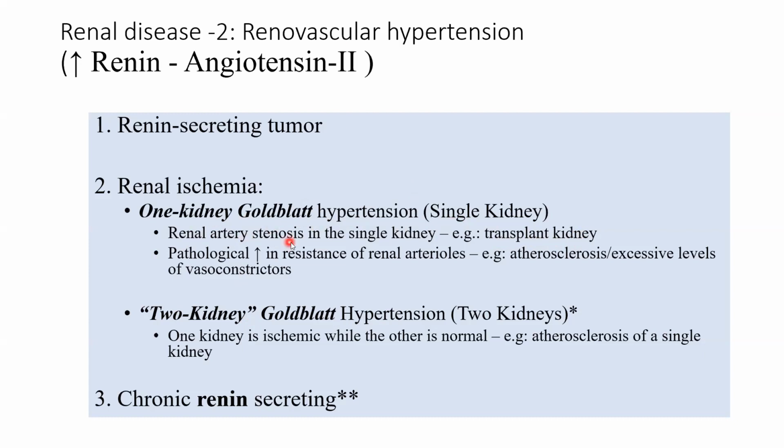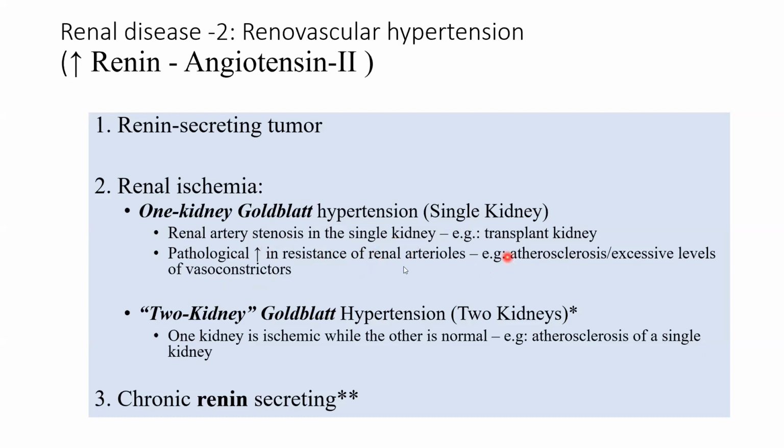It can be renal artery stenosis. It can be any scenario where the resistance of the renal arterioles due to an atherosclerosis plaque or excessive vasoconstrictors, somehow the resistance has increased. So the nutshell is this kidney is not receiving its allotted blood flow, which in the single kidney means a lot of blood flow because the single kidney has to compensate for the absent kidney as well.